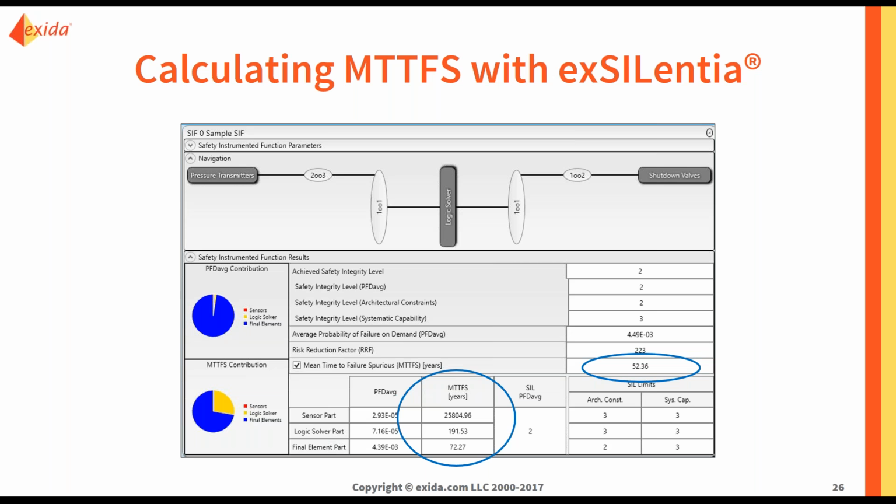But what you can do in exSILentia is you can model your SIF. You can see the mean time to fail spurious, and you can say, I want this to be 100 years instead of 50. And you can make different equipment selections and different SIF architectures to optimize your system to make sure that you have a minimum level of spurious trips.